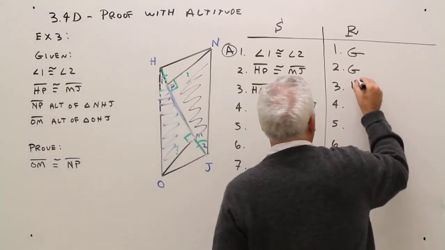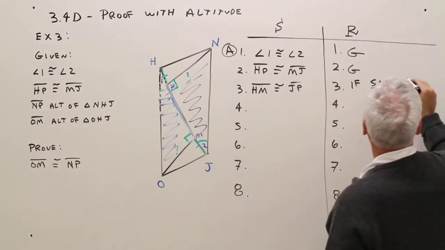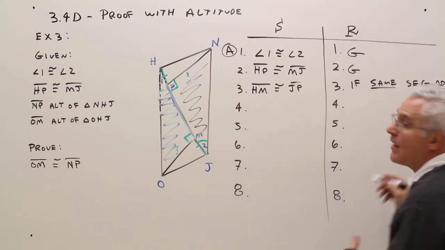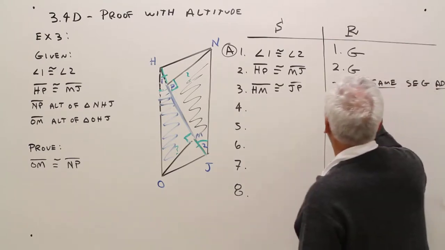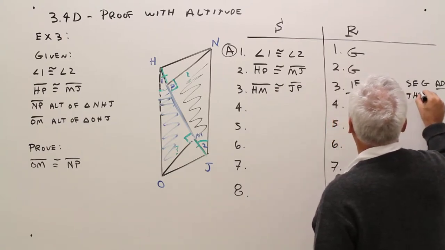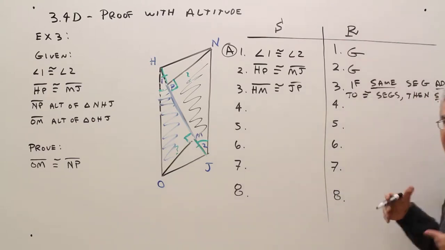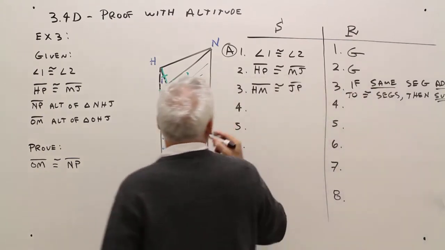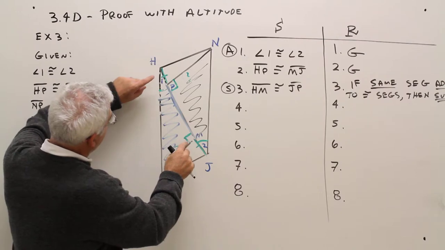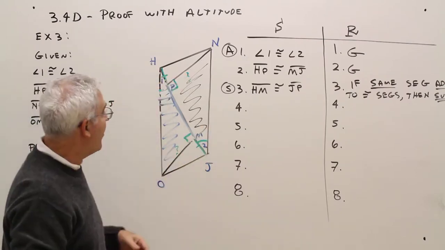Reason: if same, and I want to emphasize same segment, added, again I need that word added, to congruent segments, then sums congruent. I want to emphasize that word as well. And that will give me side credit. So once again, side of left triangle, side of the black triangle to the right.